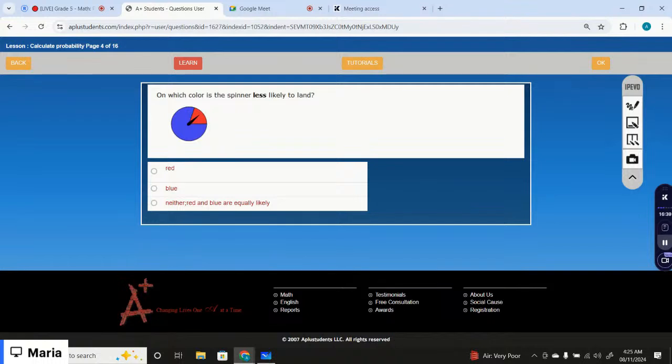It will be less likely to land on red because the spinner has a small red portion. So the color that has a small portion has less chance to land, right?